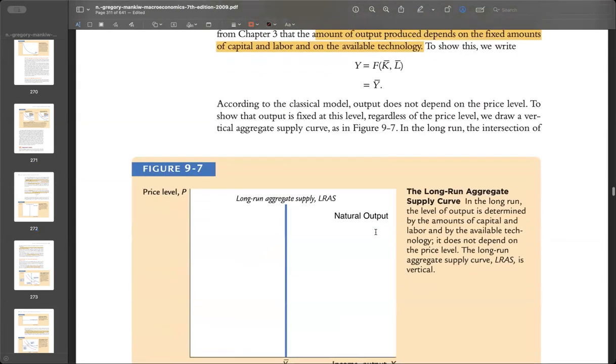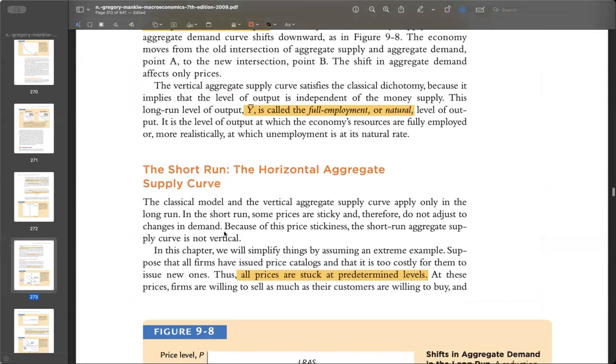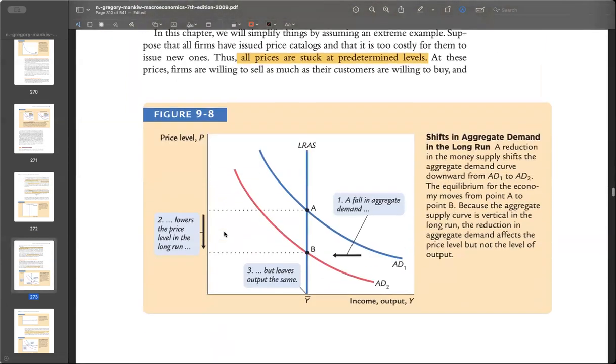According to this classical model, output does not depend on the price level, because output depends on these fundamental factors, K bar and L bar. Therefore, all of the adjustment from changes in aggregate demand will go to changes in the price level. We'll see that here with aggregate demand shifting, you'll move from equilibrium A to equilibrium B, and it's all adjusting based on price.